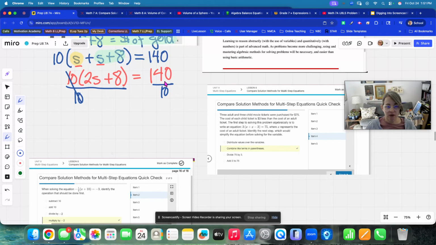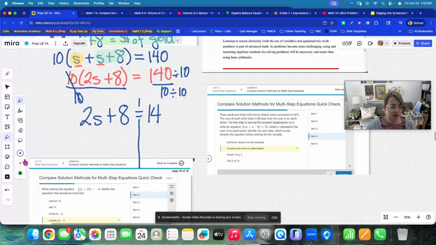And then if we divide these both by 10, it's just going to take away a 0 in the 140 and leave us with 14. So that's really nice because look how cute my equation is now. It's just a nice little two-step equation. No big deal. I'll subtract 8 on both sides.